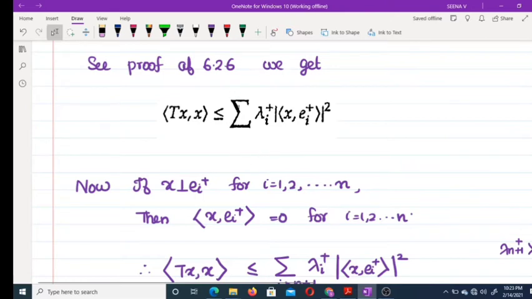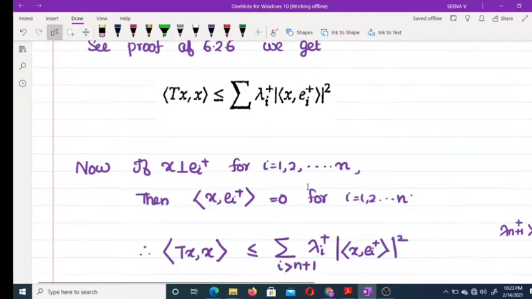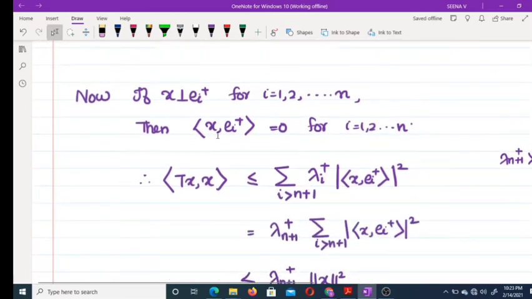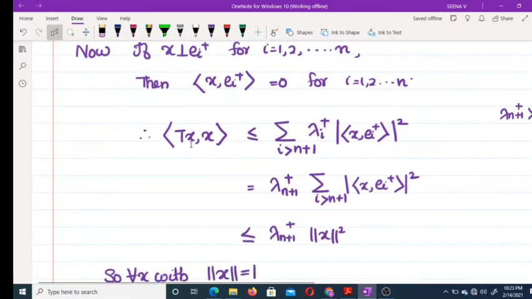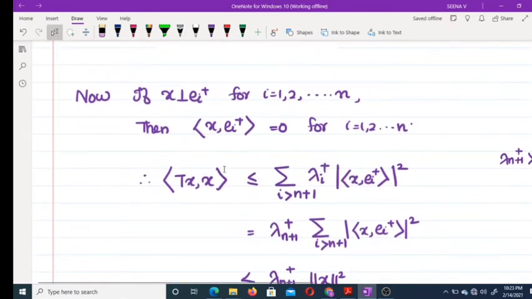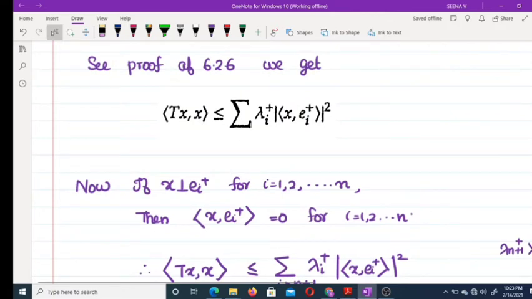Now, if x is orthogonal to ei for every i equal to 1 to n, what about the inner product of x, ei plus? That is equal to 0 for i equal to 1 to n because x is orthogonal to ei plus. Now, what about the inner product of Tx, x? You can write this as the sum over i greater than or equal to n plus 1.